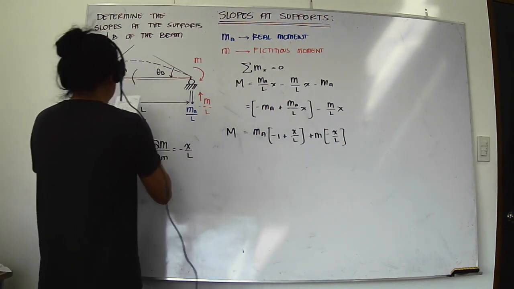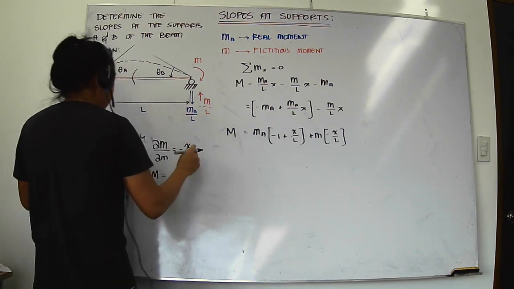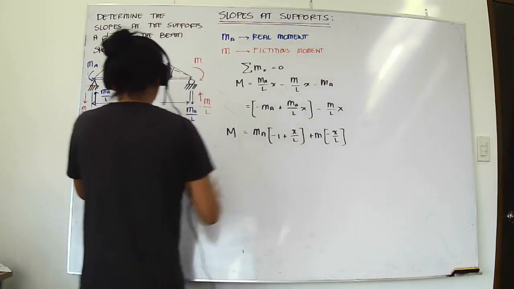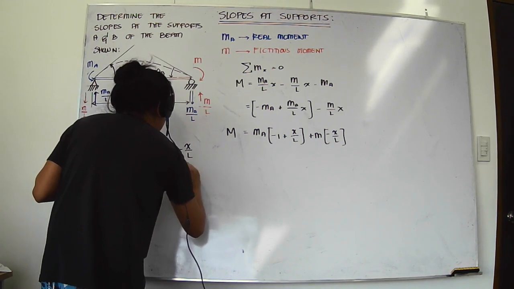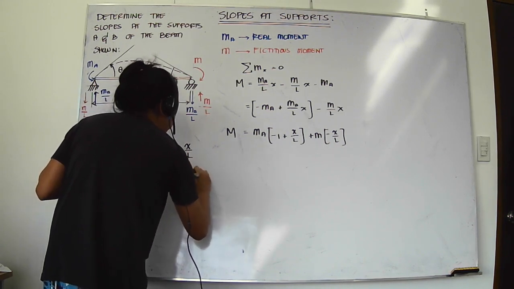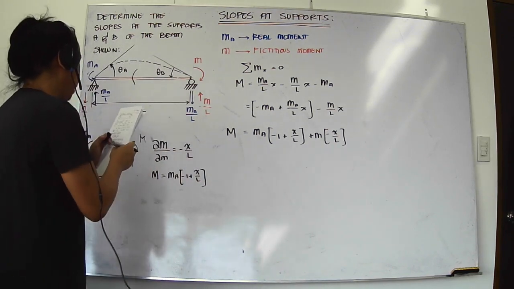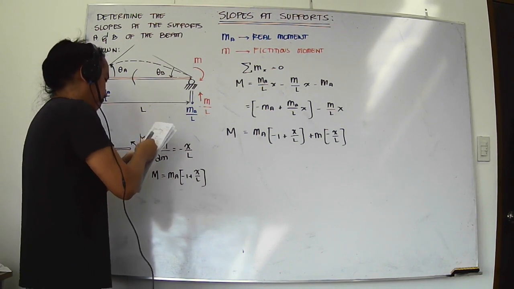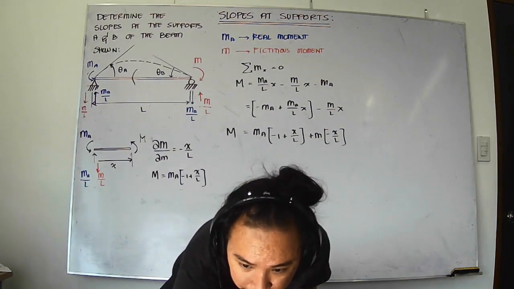If I were to ignore applying the fictitious moment, this is the term that will be retained: MA multiplied by negative 1 plus X over L. So we have something like this. Now, give me some time to erase here.